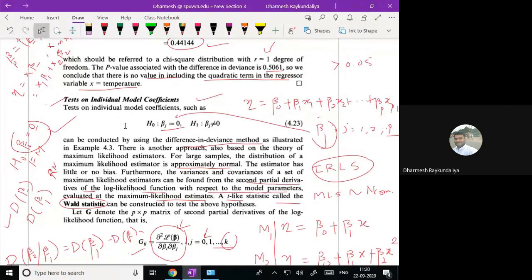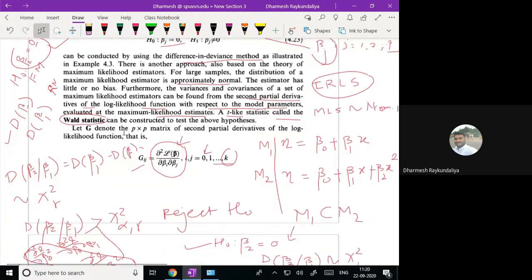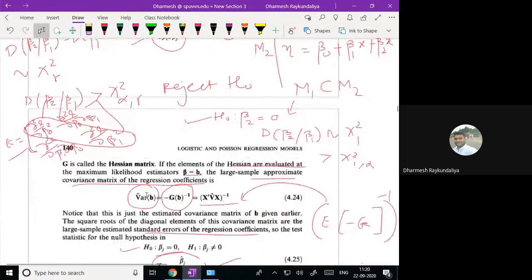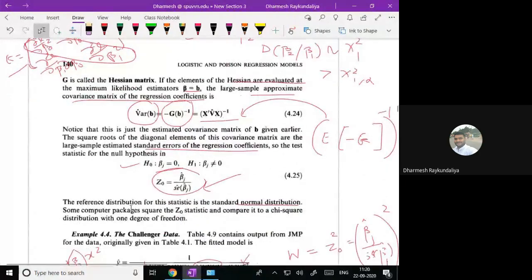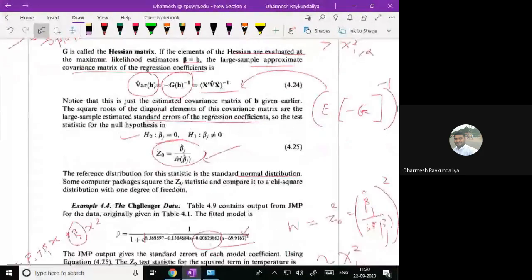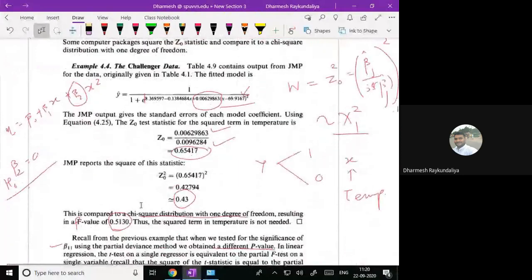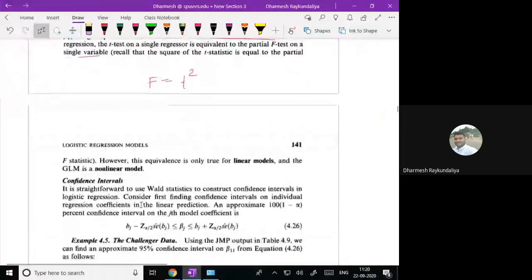And then when you take the ratio of the estimate divided by the standard error of the estimate of beta, called B, it gives Z0, which is a statistic that has the normal distribution, and then the square of the standard normal is nothing but the chi-square 1. So you just compare Z0 square with the chi-square 1 and take the decision. So there are two approaches you can proceed.